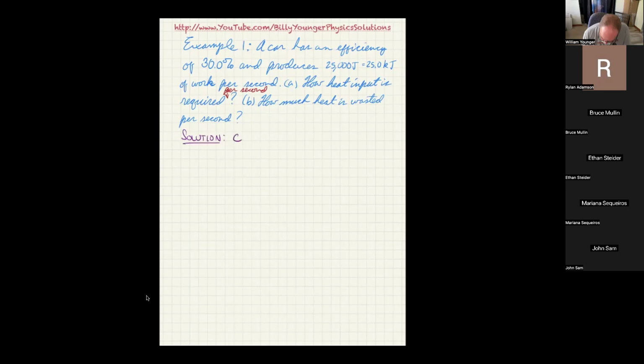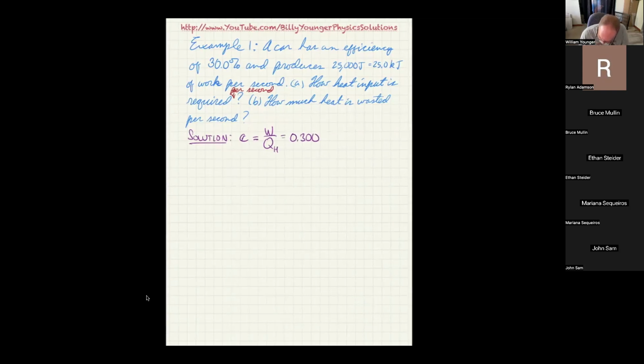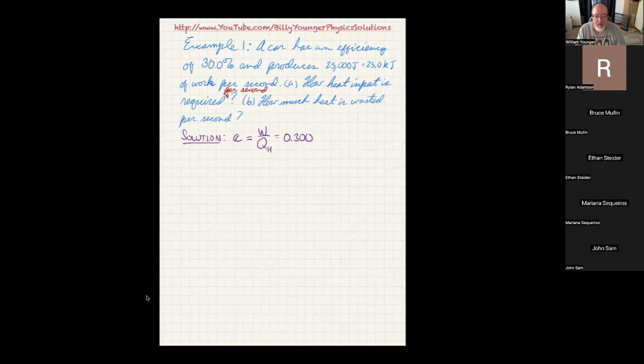Now, what we know is the efficiency is work divided by QH, and that's equal to 0.300. What we know is a car has an efficiency of 30%, so we've got that, and produces 25.0 kilojoules. So that tells us which quantity is 25 kilojoules. Is it W? Is it QH? Or is it QL?